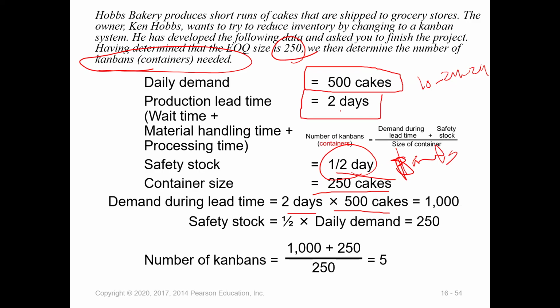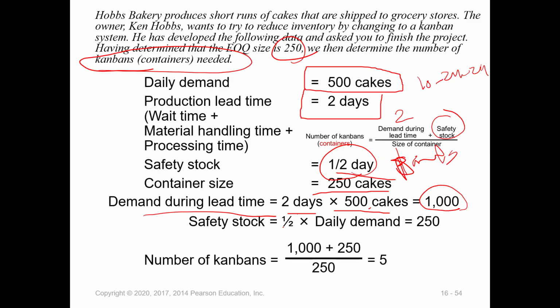The lead time says 2 days. Don't plug the lead time of 2 days into the equation, because you have safety stock here, which is in parts, and you have the size of the container. You are dealing with cakes or parts. So 2 days times 500 cakes, the demand is 1,000 cakes. I changed from days to number of cakes.